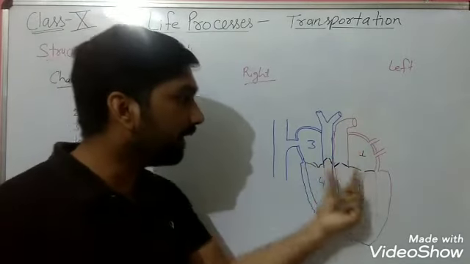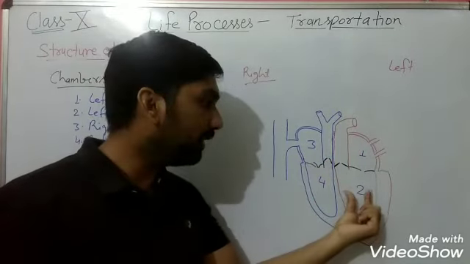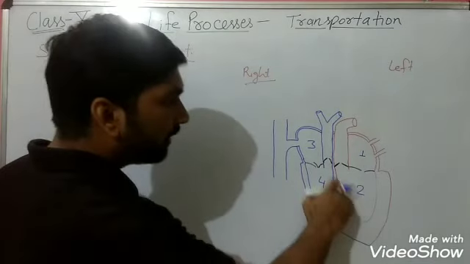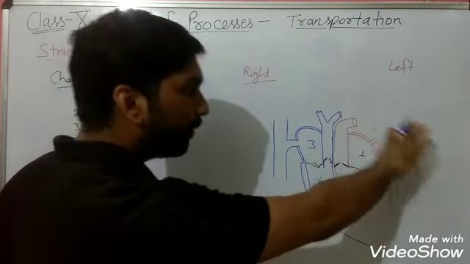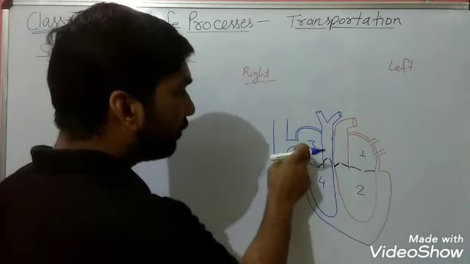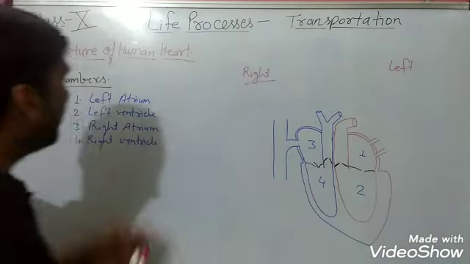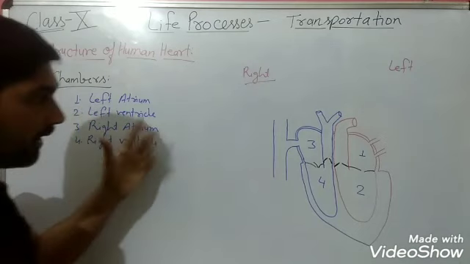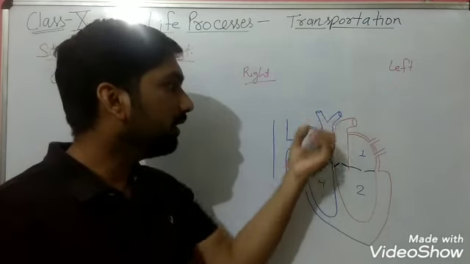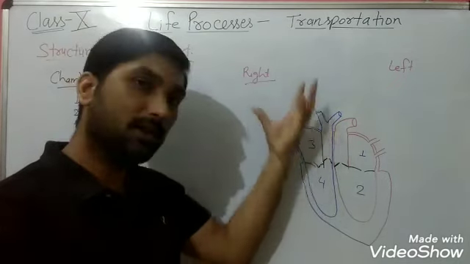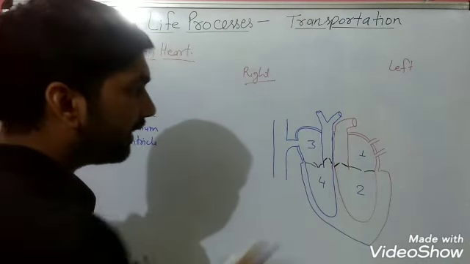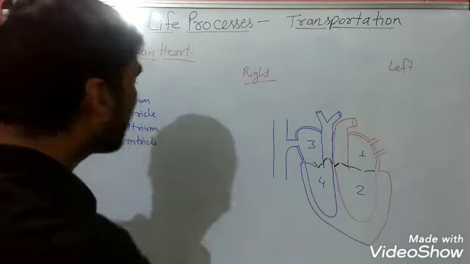From the left atrium, the blood is poured into the next chamber, the left ventricle. From this ventricle, the oxygenated blood goes to the body parts, and from the body parts the blood comes again to the upper chamber, the right atrium, and finally it reaches the last chamber, from where it is sent to the lungs for purification, meaning for the oxygenation of blood. So we started our numbering from this side.